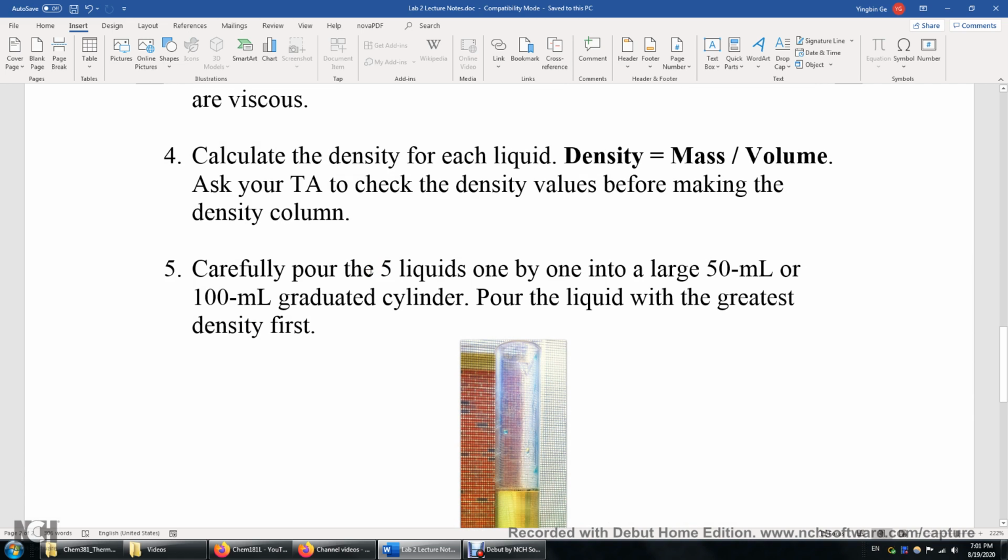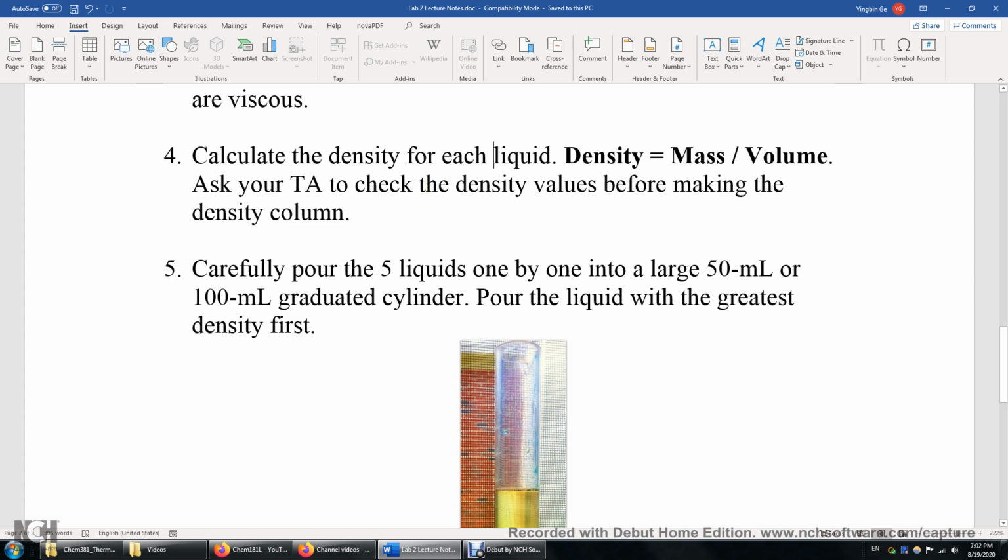Once you obtain the mass and volume for each of the 5 liquids, you should be able to hand calculate the density. Using this equation, density is equal to mass over volume. And make sure you have the right density values. Ask your TA to check your numbers.